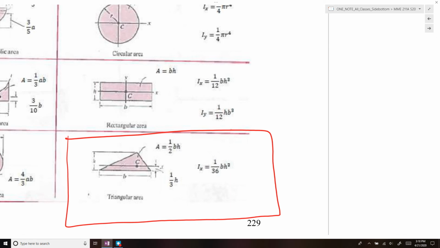The centroid will be located along that line. The only thing that this doesn't tell you is that for right triangles, in the case of a right triangle, the centroid will be 1/3 along the base and 1/3 along the height of the triangle.